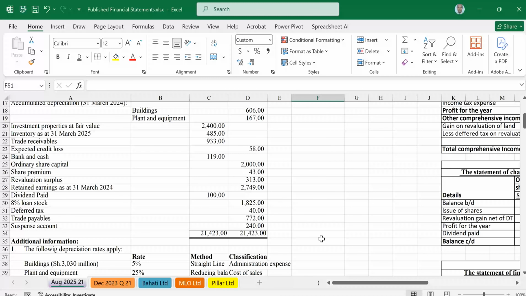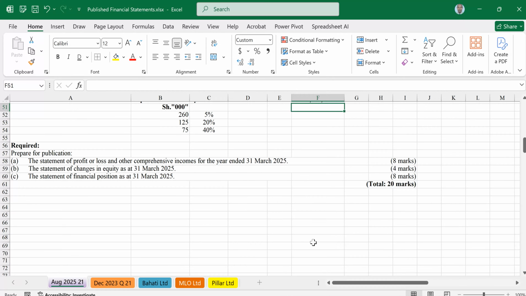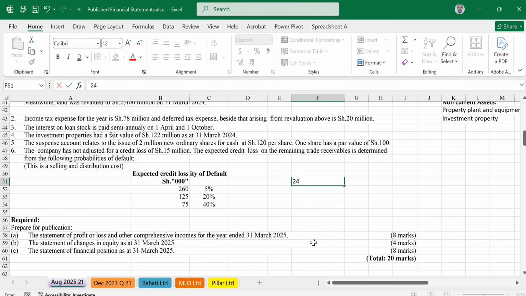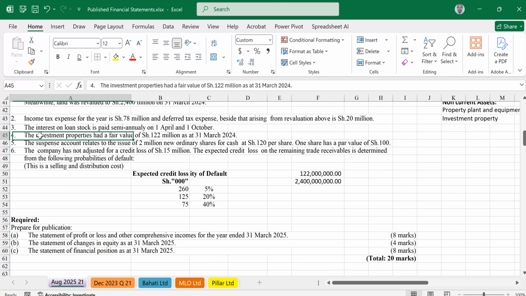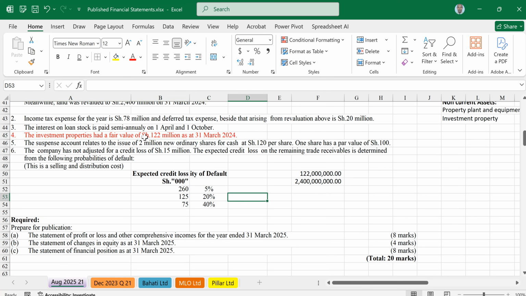If you write 2,400,000, then 123, it doesn't make sense. So you see the carrying amount and the fair value don't make sense. So I'm going to say that this one was not properly done, and if it was not, then I may assume that it's an error. Because there is no way the value is 2.4 billion, then the new one has dropped to 122.